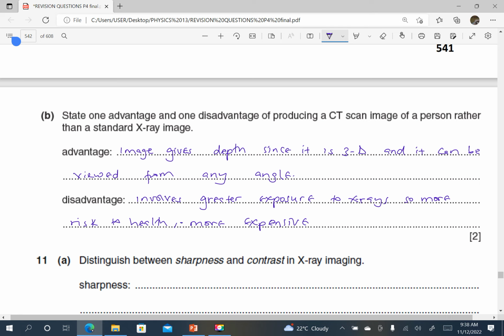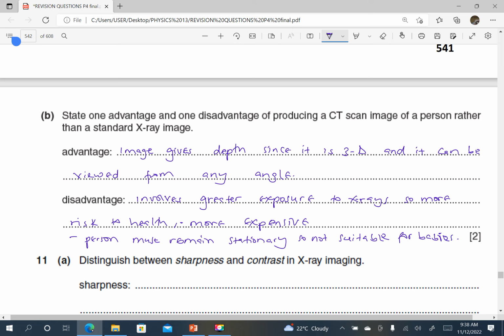Of course, another disadvantage, the person must remain stationary. That means it is not suitable for babies, because you can't tell a baby to remain stationary.